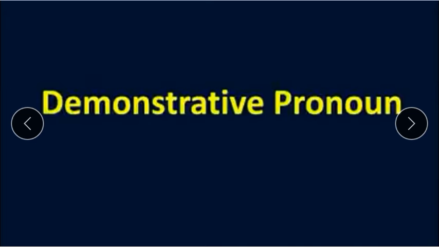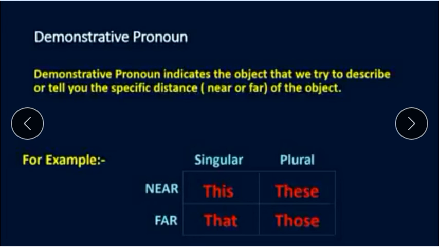Now the fifth pronoun is the demonstrative pronoun. Demonstrative pronouns indicate the object that we try to describe, telling the specific distance, near or far, of the object. They are used to point to people or things that are near or far from us. For the near person or thing we use this as a singular. Like, this is my ball.